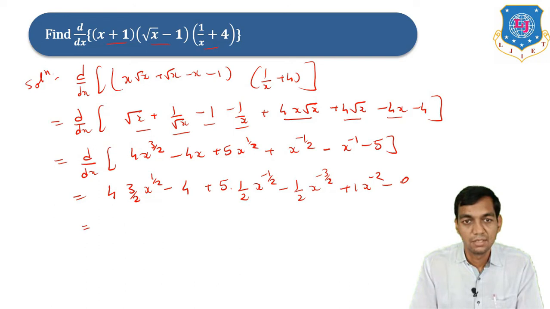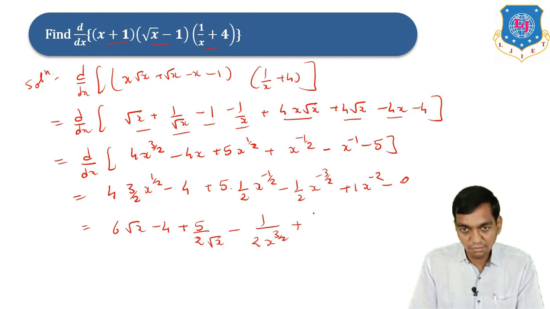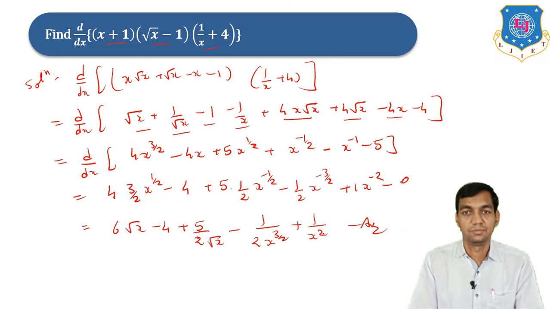Okay. So this is going to be 4. So 6 root x minus 4 plus 5 by 2 x raised to minus 1 by 2, which is 1 upon root x, minus 1 upon 2 x raised to 3 by 2 plus 1 upon x square, and this one is our answer.